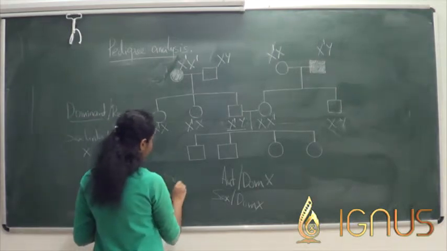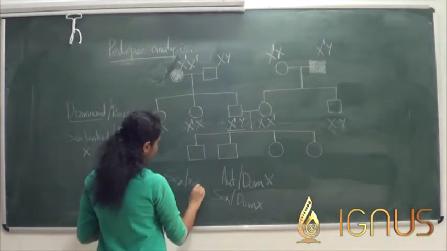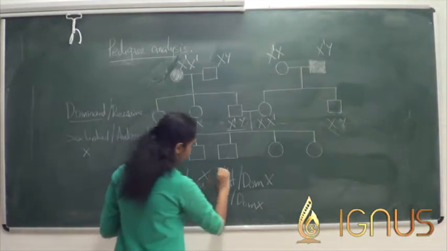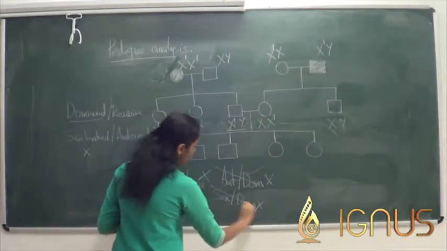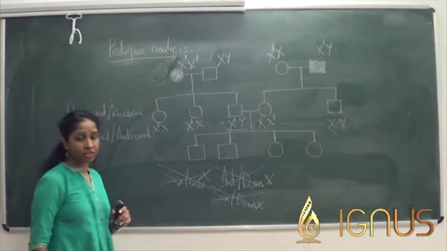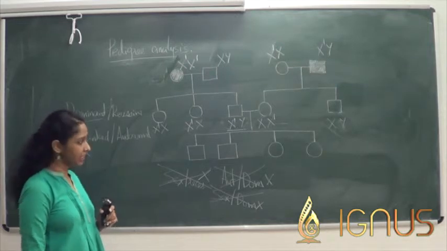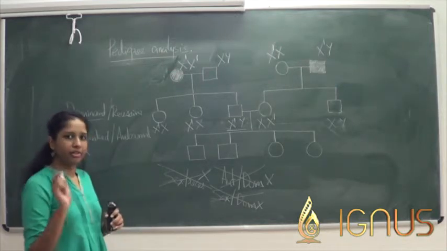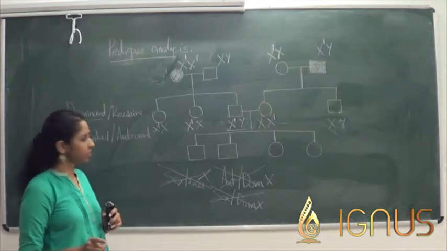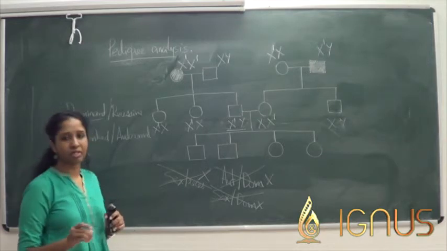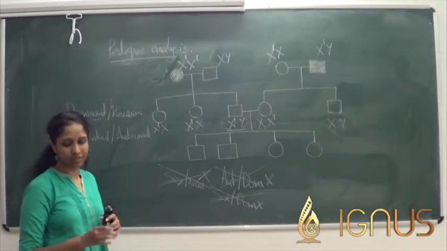So sex-linked recessive is not the answer. So it's not autosomal dominant, it's not sex-linked dominant, it's not sex-linked recessive. So the only other option that is there is that the inheritance pattern can be autosomal recessive.